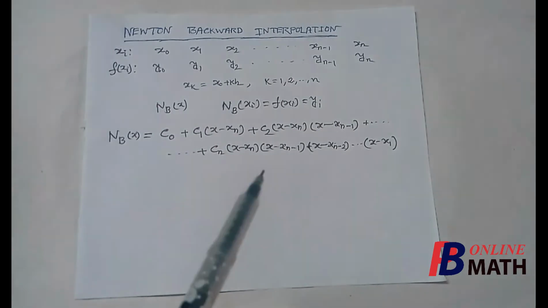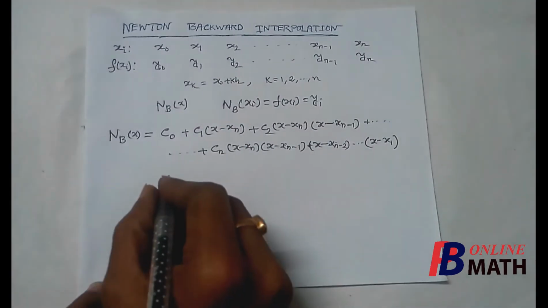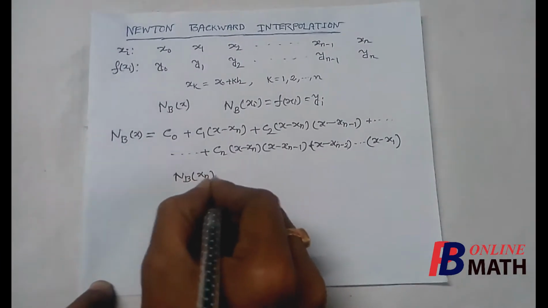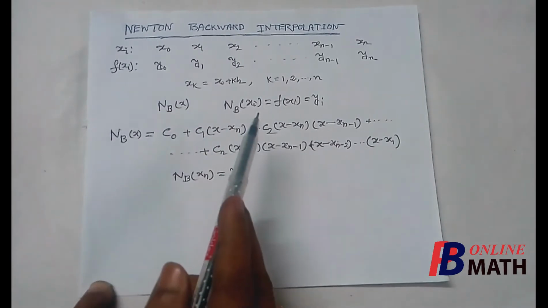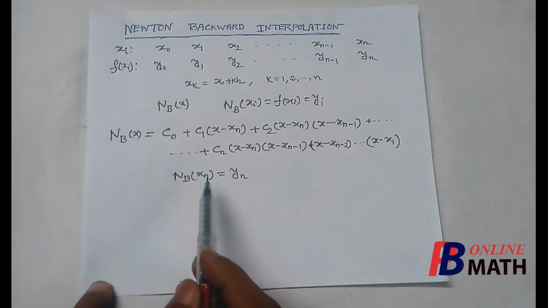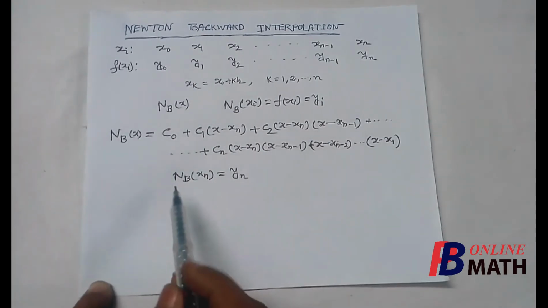So let us start. First we take the last condition, that means Nb(xn) is equal to yn. The value of this polynomial at the point xn must be equal to yn, the last entry.